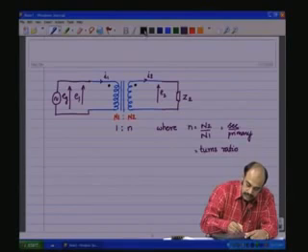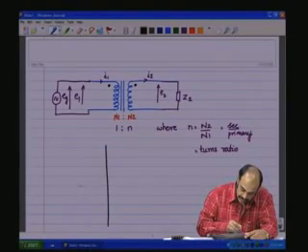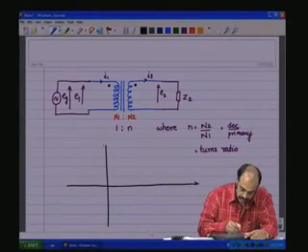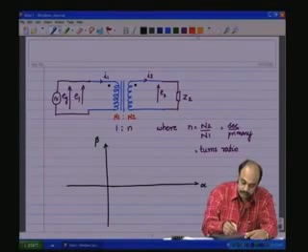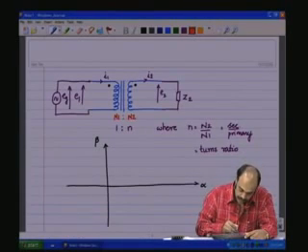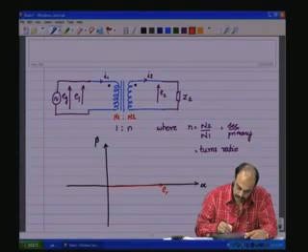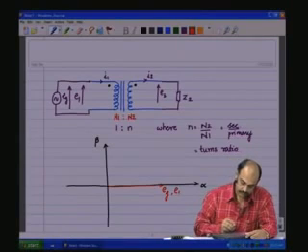So, we saw the phasor diagram in the spatial coordinates, that is the alpha beta coordinates. We have EG and E1 in phase because they are one and the same voltage.